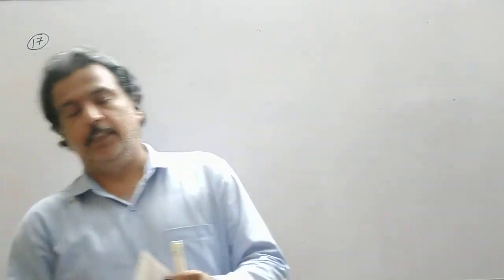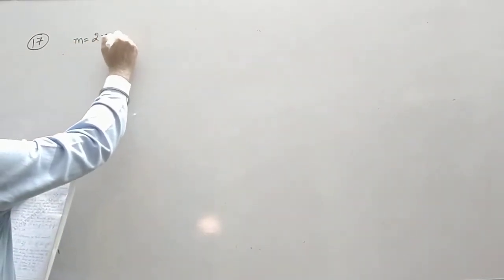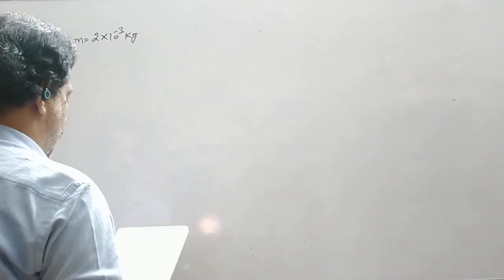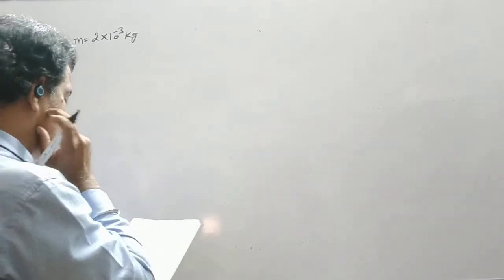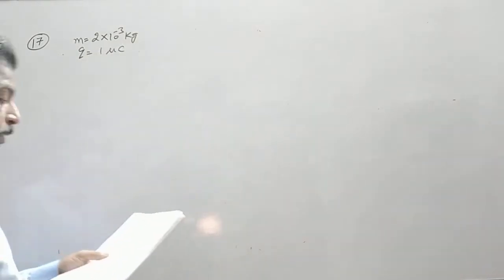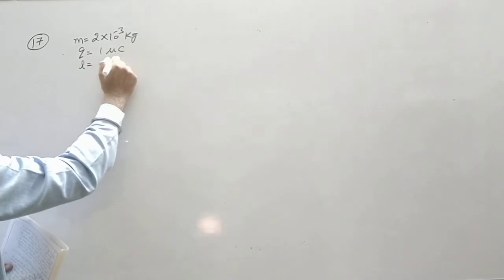Now let us see question number 17. A small ball, some mass is given. So the mass of the ball is 2 into 10 raised to minus 3 kg, having a charge of 1 microcoulomb, so Q is equal to 1 microcoulomb, and is suspended by a string of length 0.8 meter.